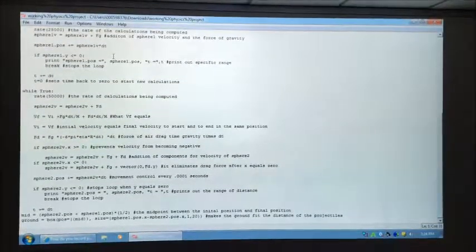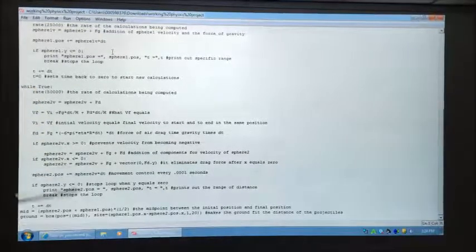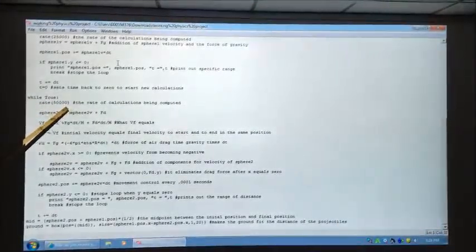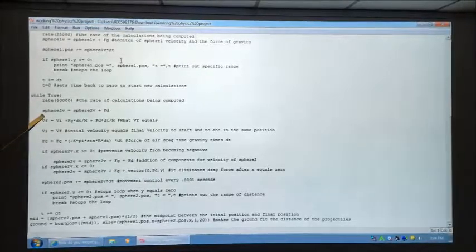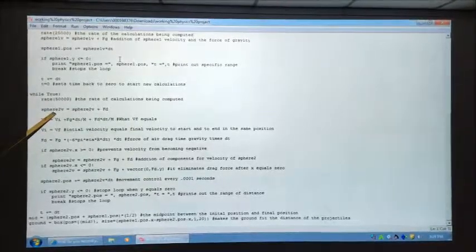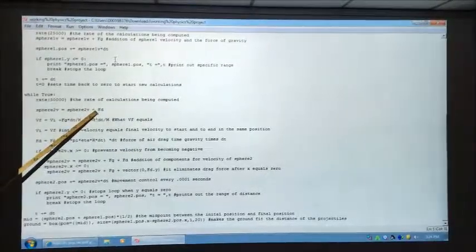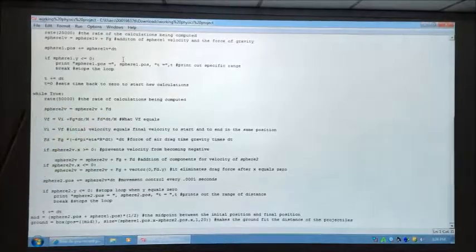And so then on the next section, we hold this true for sphere number 2. On sphere number 2, we have again the rate, which is the rate of calculations being computed. And then on this part, the velocity of sphere 2 is going to be equal to the velocity of sphere 2 plus the drag force.